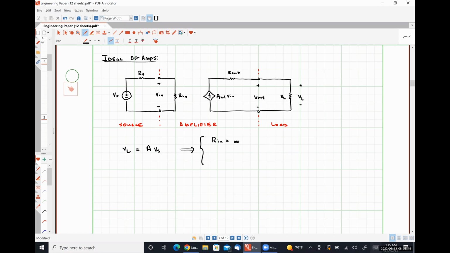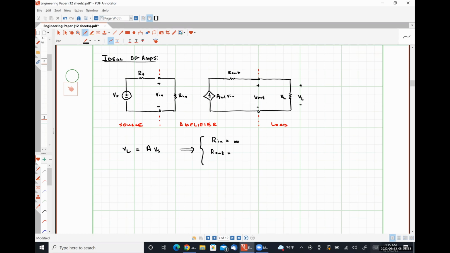Our second idealized parameter will be for R out. In this case, we want all of the voltage that's being supplied by our dependent source to reach our load, meaning that we want no voltage drop to occur over the resistor R out.